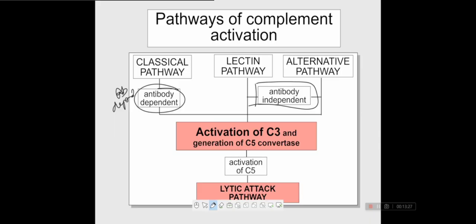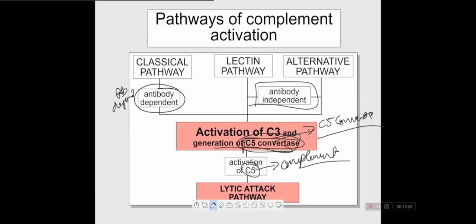When the complement system is activated, C3 and C5 convertase are generated. In each and every pathway, there is generation of C5 convertase. This is very important. When C5 convertase is activated, it activates the C5 complement protein.